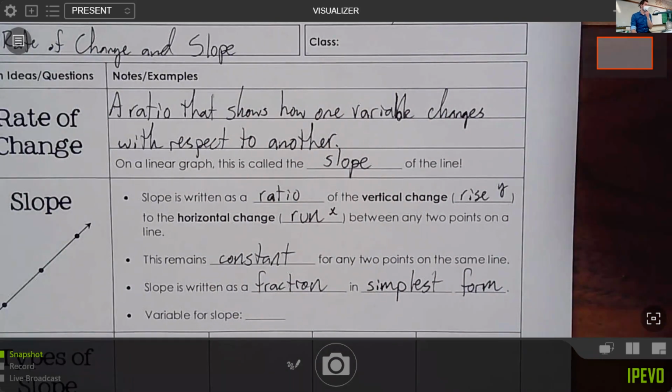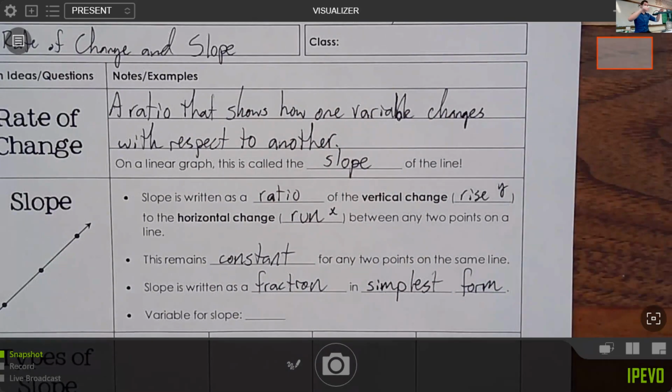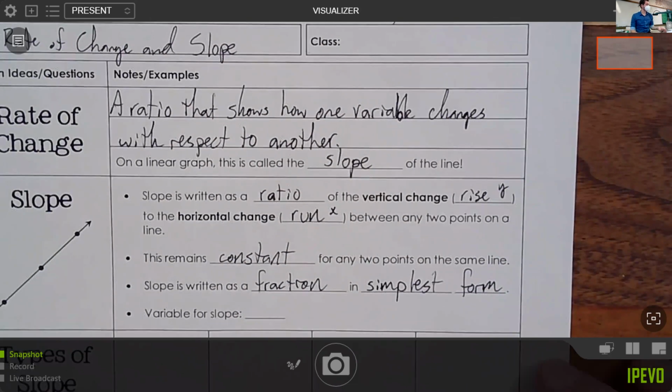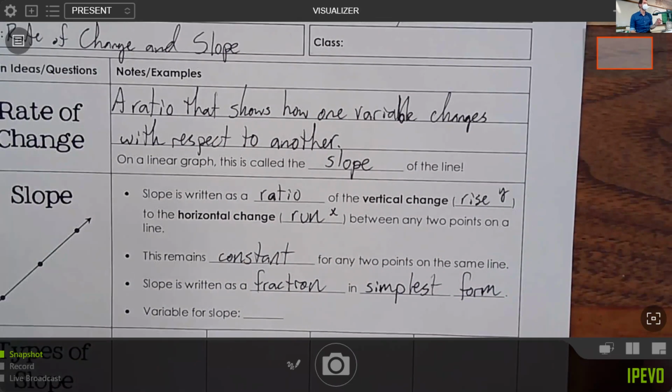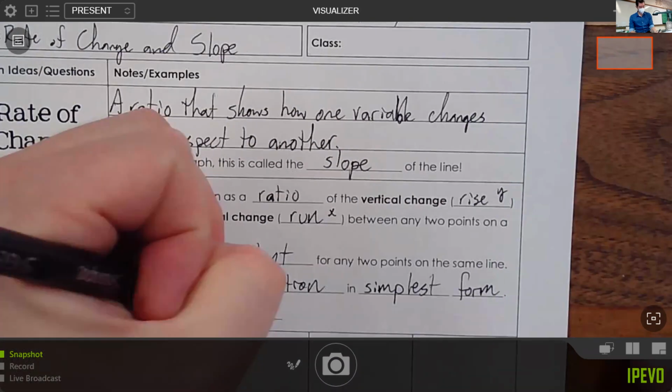In a 3D graph, your x-axis goes left to right, your y-axis goes top to bottom, and Z goes front to back. We won't be doing that in Algebra 1, but you might start in on some 3D graphs in Algebra 2. But the variable that we use for slope is a lowercase m.